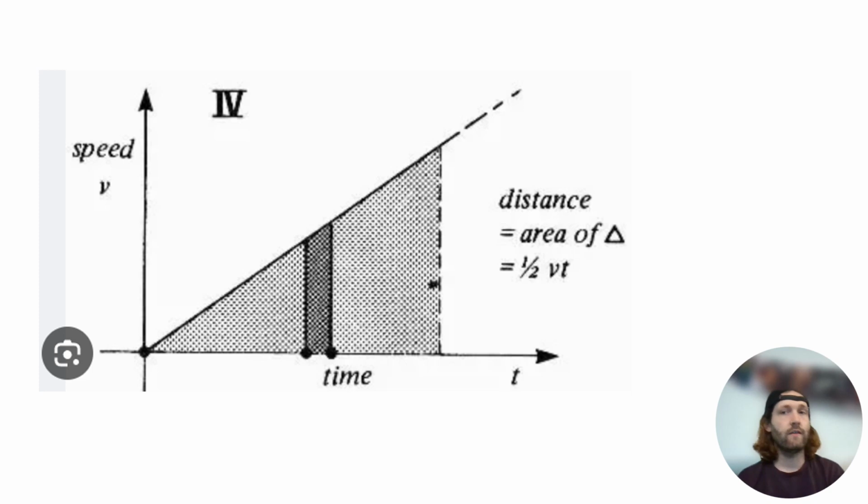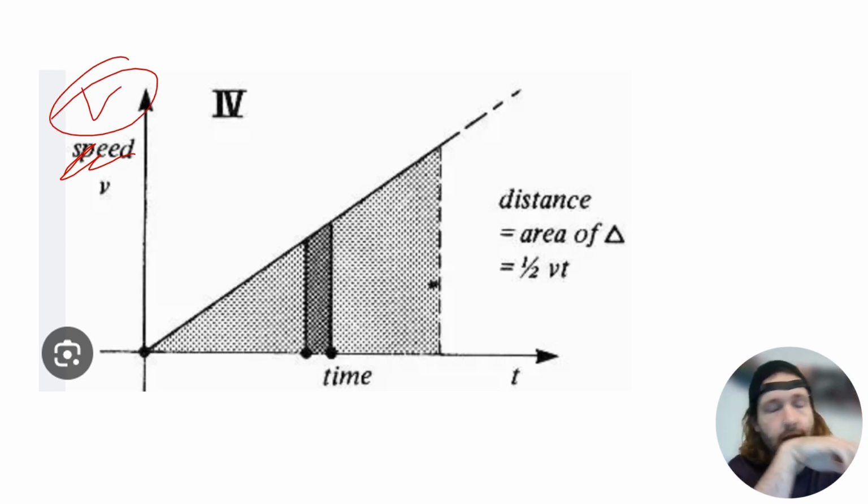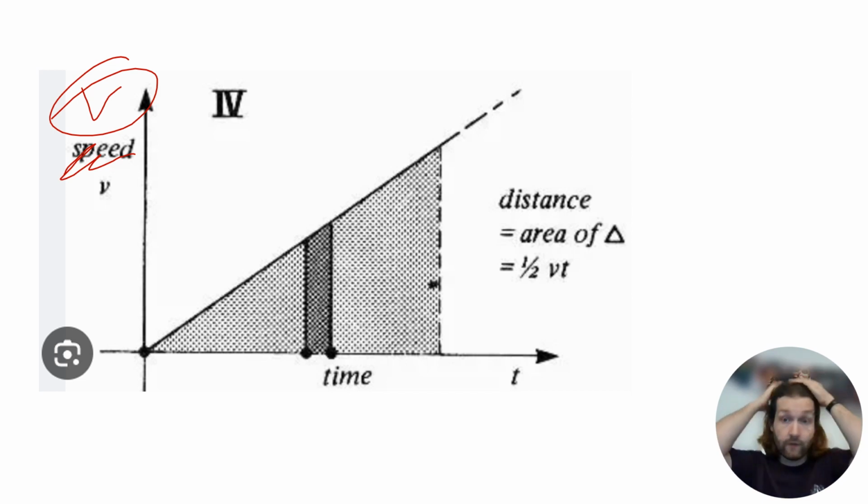So let's have a look at this here. So here we've got speed. Let's say this is velocity. All right, let's keep this vectors for right now. So we've got a velocity time graph here with a constant gradient. Gradient represents the acceleration. So I know this is constantly accelerating.